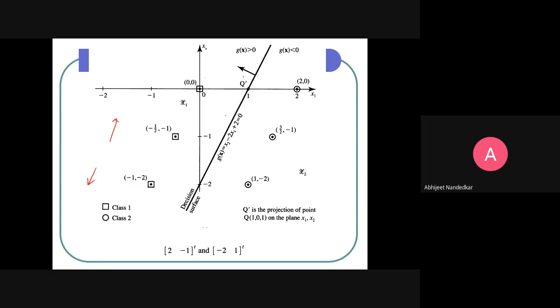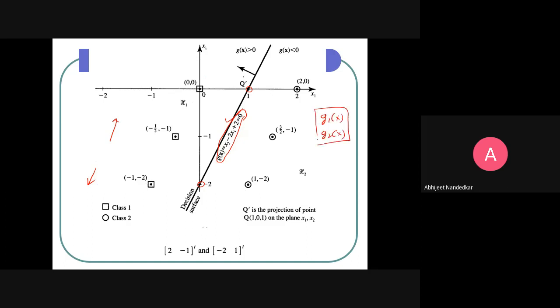But let us say I have selected this line and this has intersection here and here. So based on this, you can easily find out this line equation. Now our task is to find out G1(x) and G2(x).